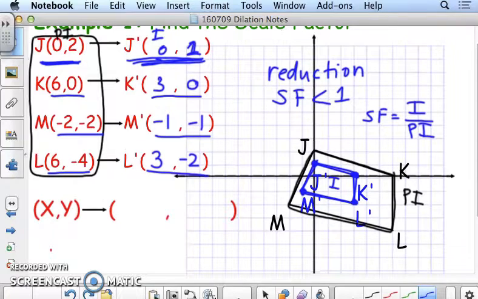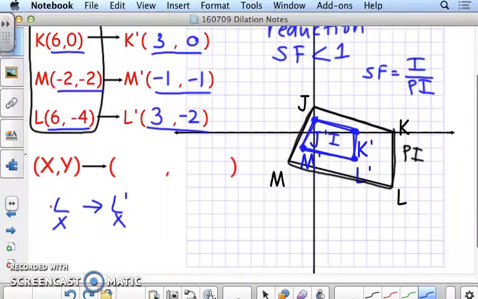I could say, okay, let's look at L to L prime. And I want to look at the x coordinates. I'm looking at the x coordinate and the x coordinate here. So if I set up my scale factor, I just randomly picked L and L prime.